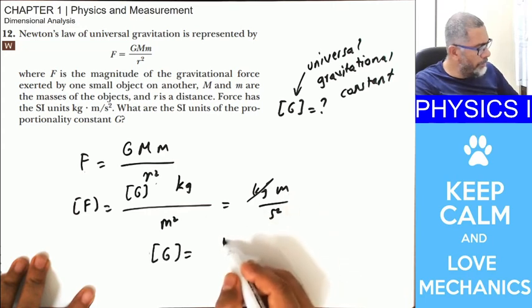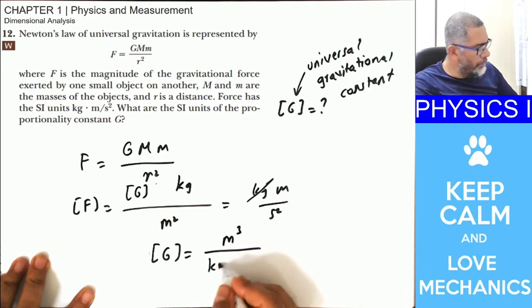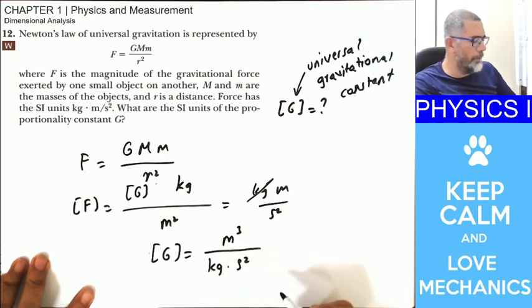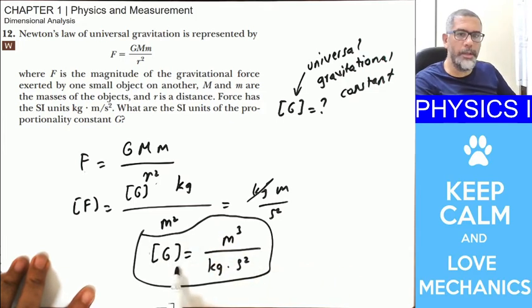We will have meter cubed on top, and we will have kilogram second squared on the bottom. So this is the dimension of the gravitational constant in the SI unit system.